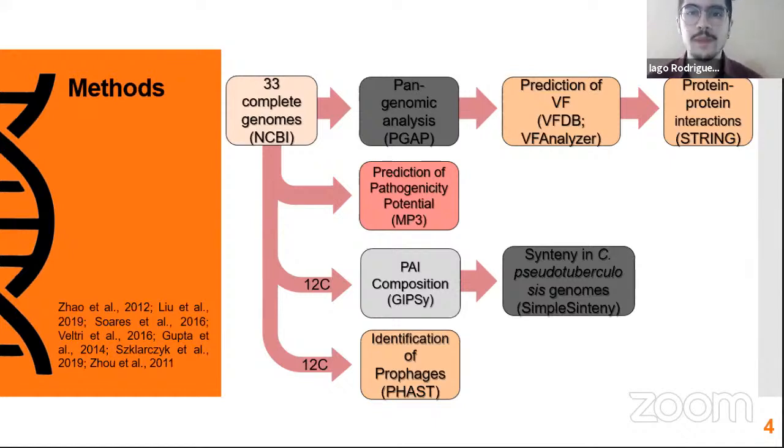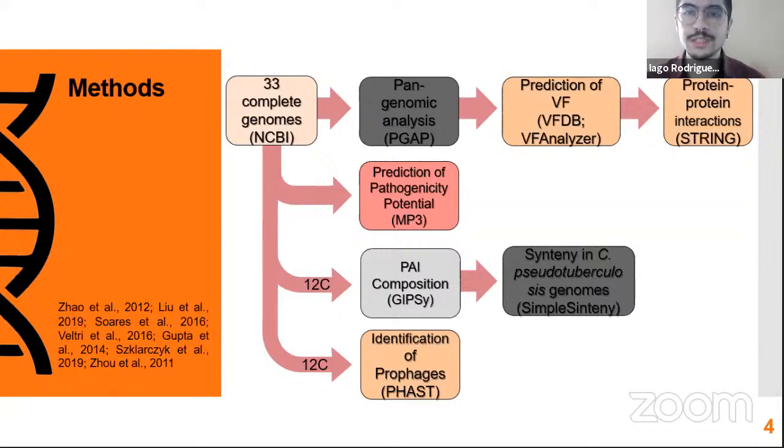Further, we also compared different genomes of these species to analyze the synteny and conservation of pathogenicity-related genes. We compared the genomes of pseudotuberculosis 12C, FRC41, and 1002, generating images of conservation, translocations, and presence of specific genes through BLAST alignment.